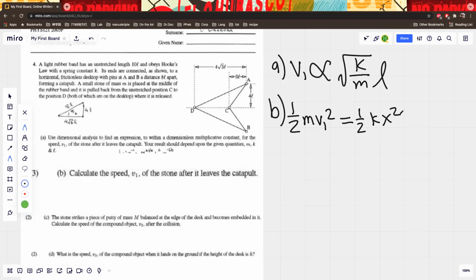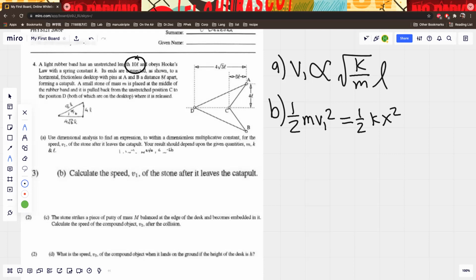The x was the thing that was pretty hard to get, because x is basically how much the elastic has stretched. This elastic has a spring constant of k, so the amount of energy it has is half kx squared, where x is the amount that it's stretched away from the equilibrium. We know the original length is 10L. That's what it says here. 10L.